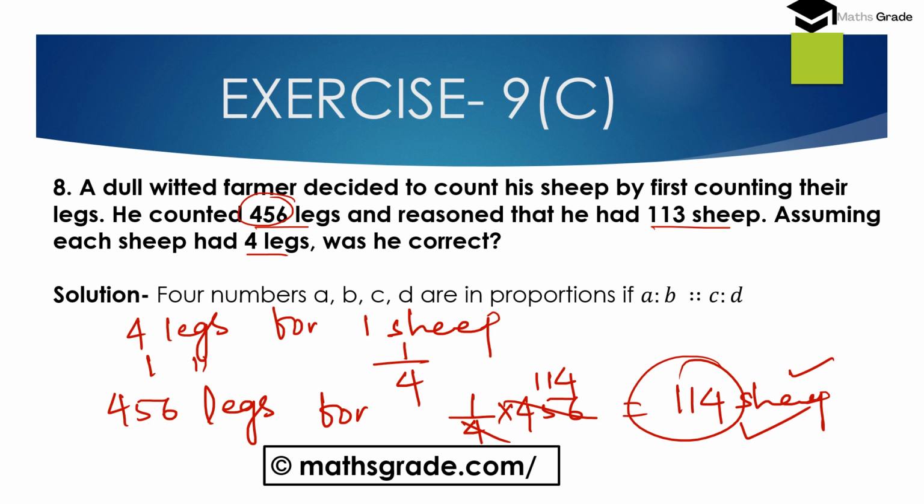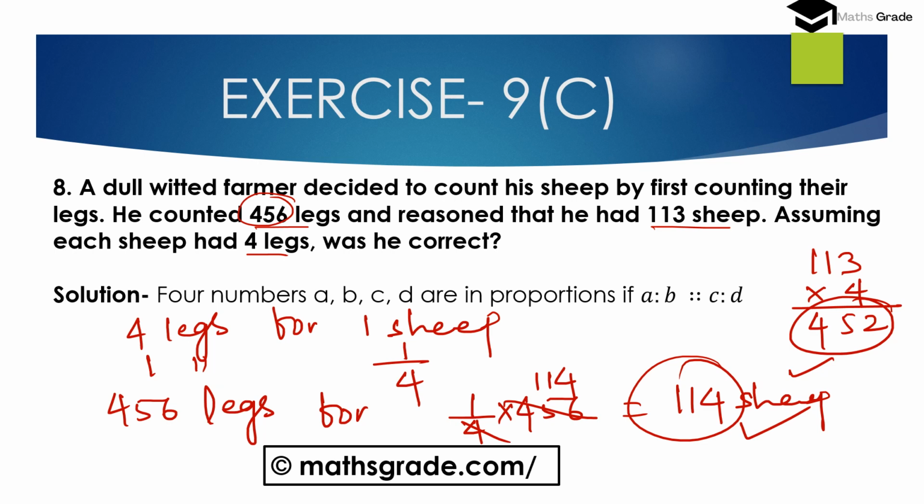Was he correct? No, he was not correct, because if we multiply 113 with 4 legs, this is 452, which is not equal to 456. He counted 456 legs, but we got 452.